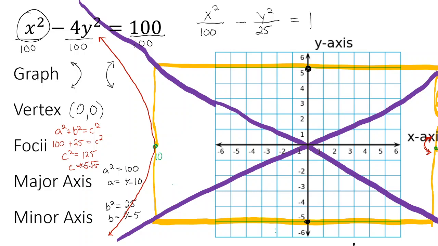And it travels in the x, so it's going to be 0, plus or minus 5 square roots of 5, 0. Or just plus or minus 5 root 5, 0.